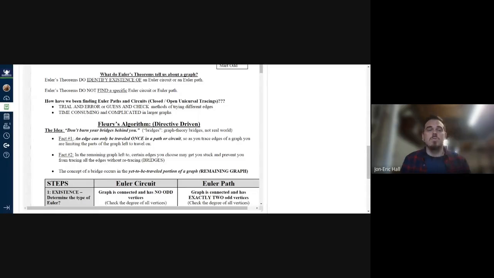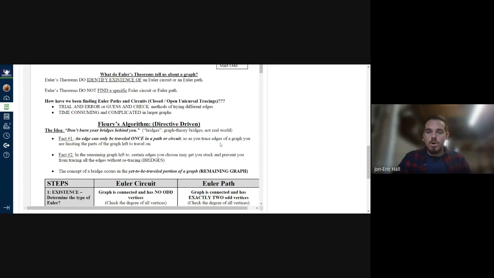Fact number two is that in the remaining graph, certain edges that you choose might get you stuck and prevent you from going in any other direction, without retracing them. Those would be what we consider bridges. We don't want to burn those. The concept of a bridge occurs in the yet to be traveled portion of a graph, the remaining graph.